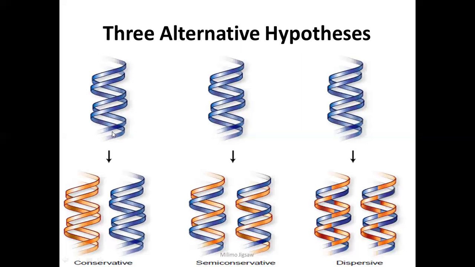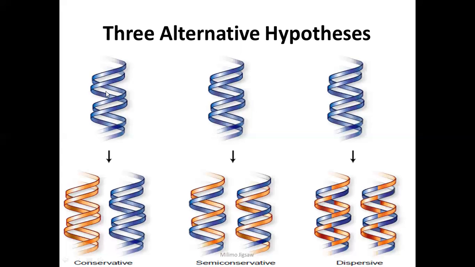The conservative replication simply means that the bases in the parental DNA strands are turned outwards so that we have complementary strands that no longer face each other. These could be used as templates for the synthesis of an entire new double helix all at once.